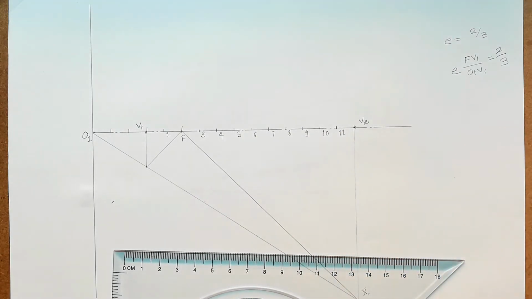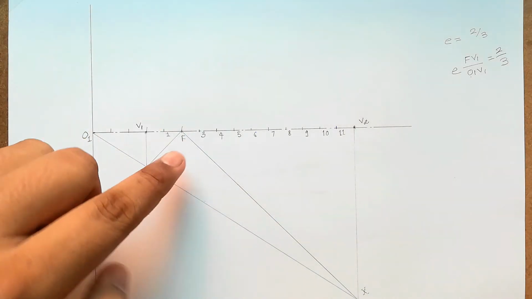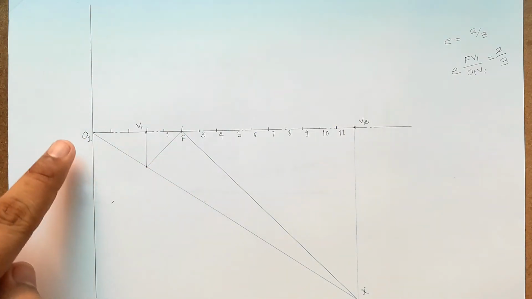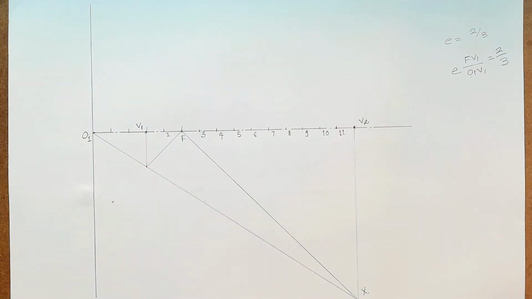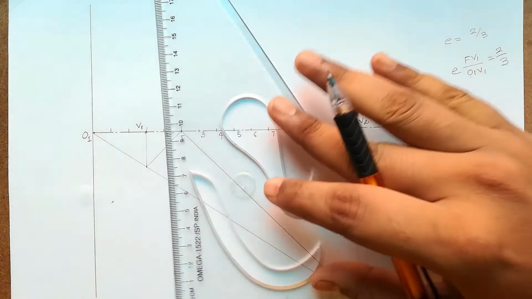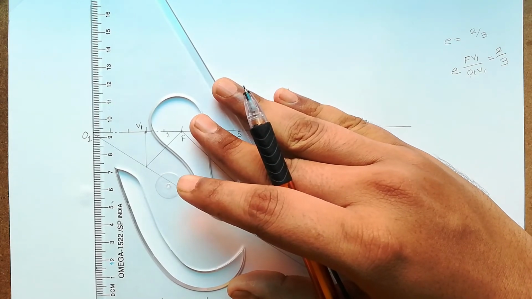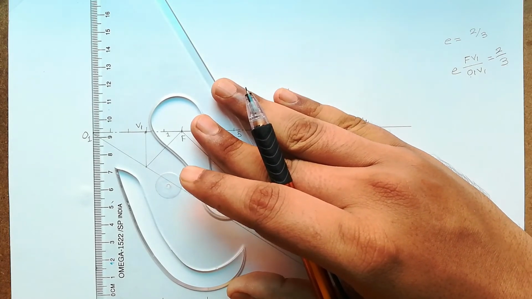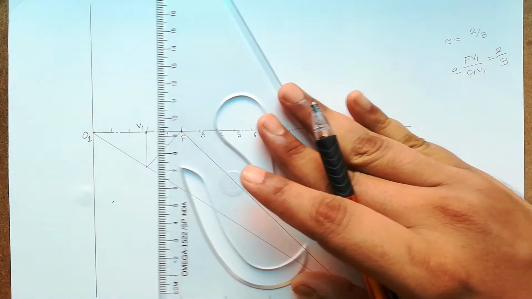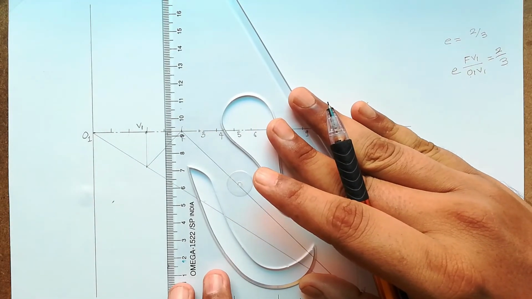Now once again we will draw a number of vertical lines, and those lines should intersect my eccentricity line, that is O1 to X. So I will once again take the reference of the directrix, a vertical line, and I will draw a number of vertical lines over here. I will start from number 1.